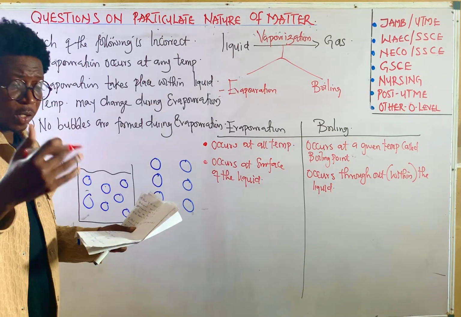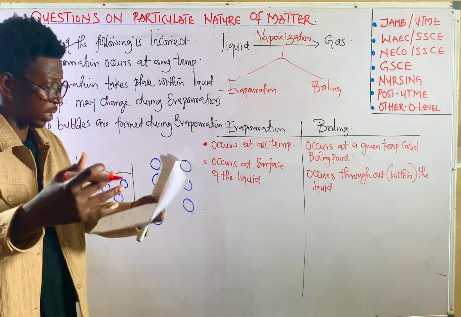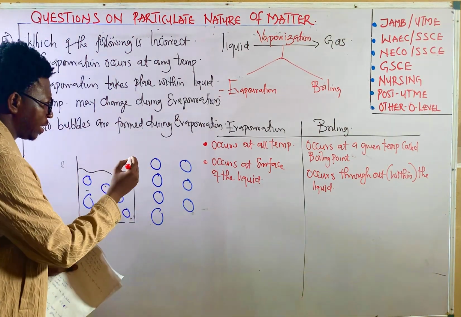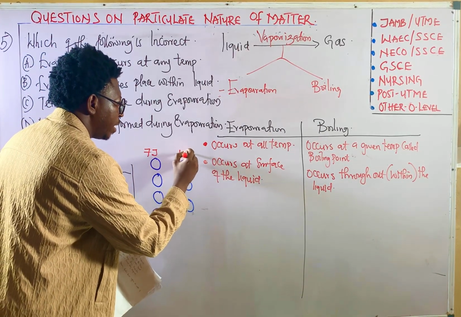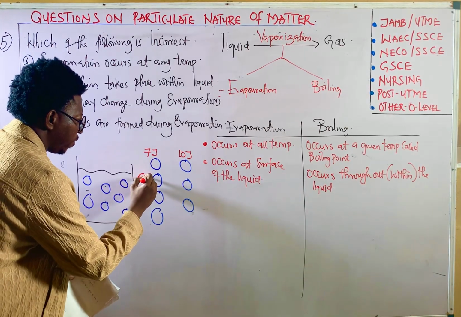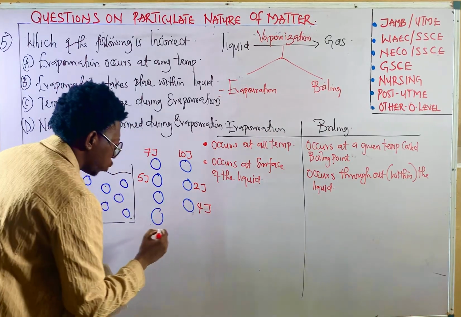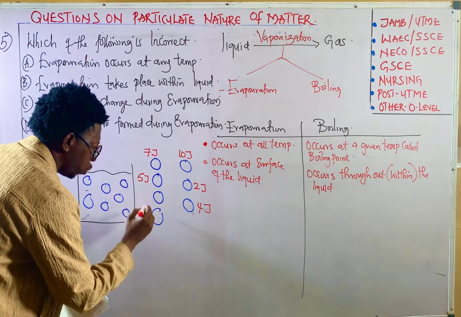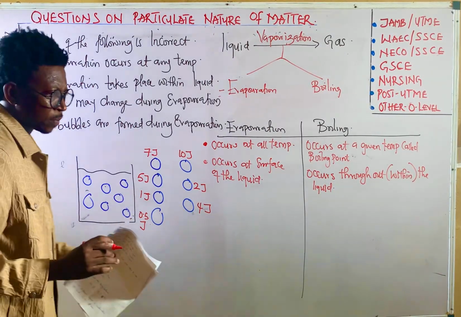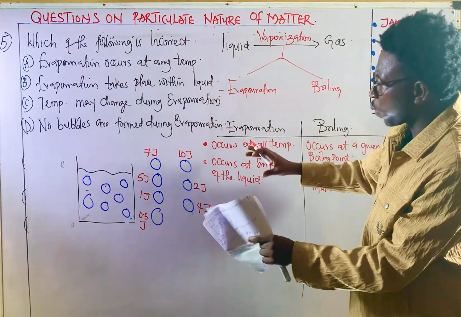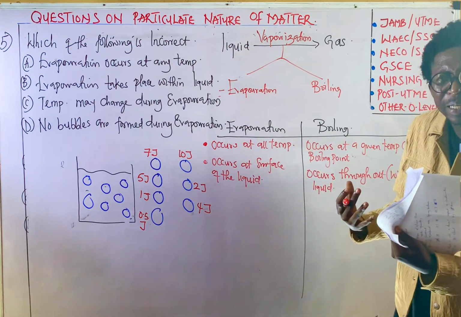You remember that a liquid has a higher kinetic energy than a solid, so the particles are allowed to move a bit. Let's say this one's kinetic energy is 7 joules, this one is 10 joules, this is 5 joules, this is 2 joules, this is 4 joules, this is 0.5 joules, and this is 1 joule. Now, for any of these particles to escape the liquid and turn to gas, they must possess a certain kinetic energy.